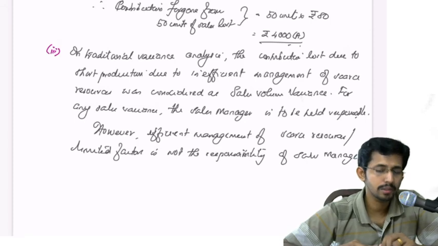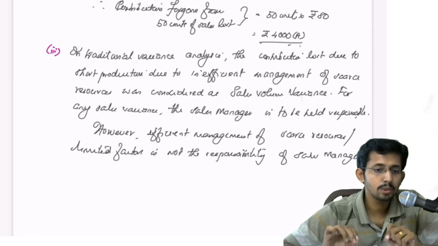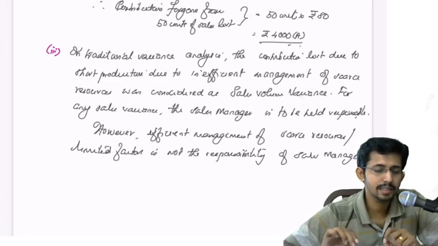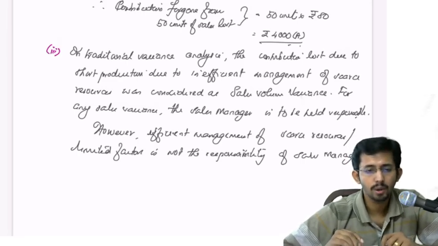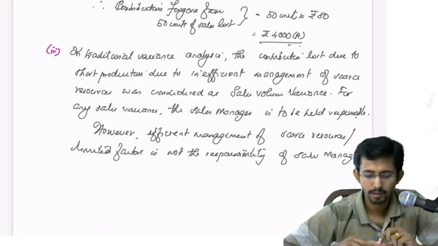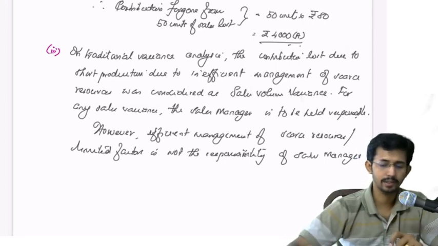Such opportunity costs are adjusted against the usage variance or efficiency variance of the respective limiting factor cost variance, and not against the sales volume variance.